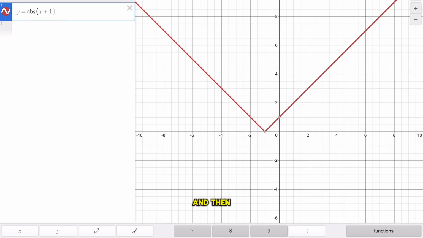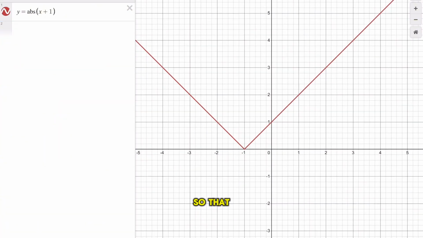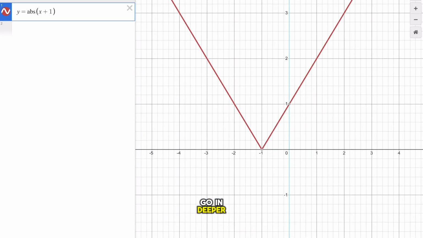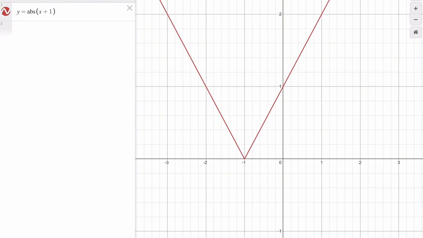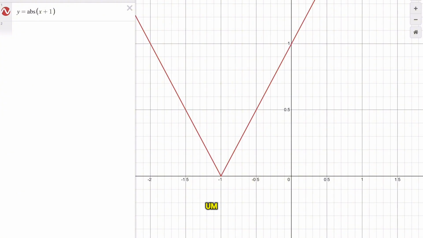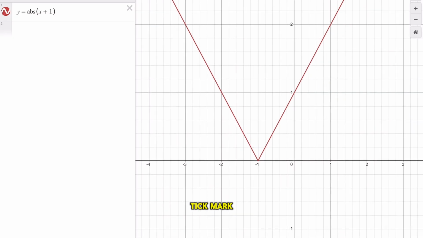And then, so you see how everything is counting by 2s? Well, you can change it so that you can see every number on the number line, and you can even go in deeper and see every single tick mark.